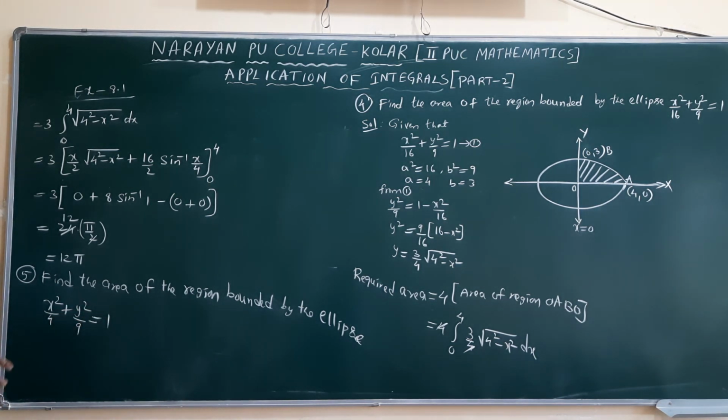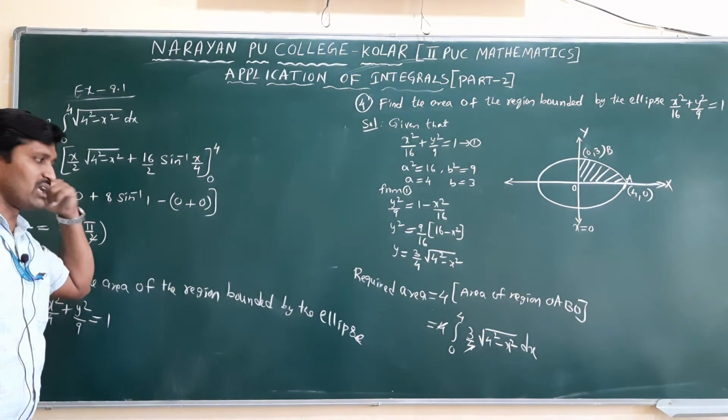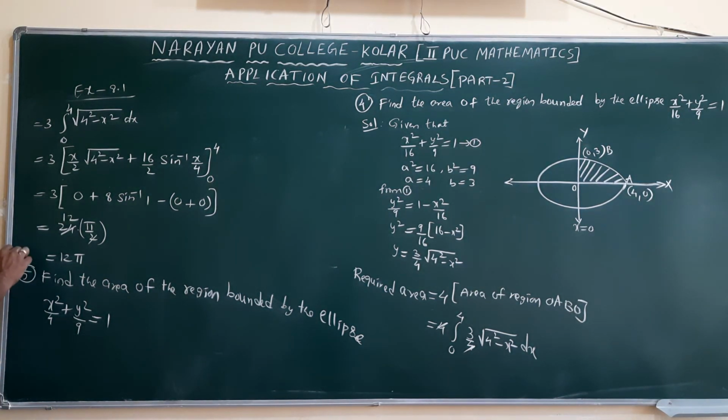By comparing, a square is 4, so a value is 2, b value is 3 will come. So a is less than b, which means the diagram will come with respect to the y axis. But we can do it with respect to x limits only, no problem. Or I can do it with respect to x or y limits. This is a homework question, everyone complete it.